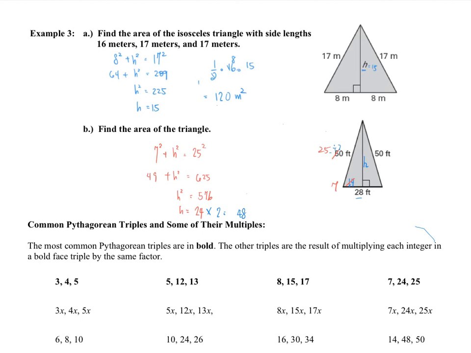Don't forget that, otherwise you'll get the wrong answer. So the area will be half times the height of 48 times the base of 28. So 48 times 14, we have 117 square feet.